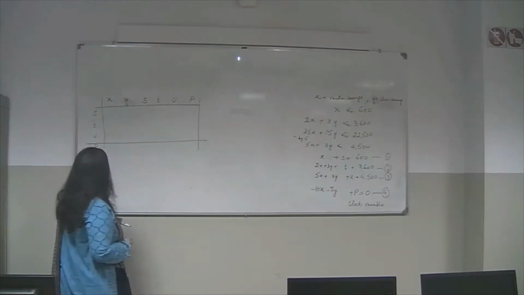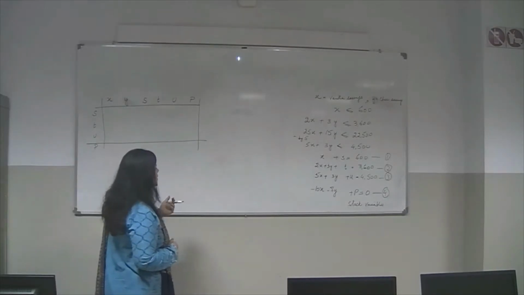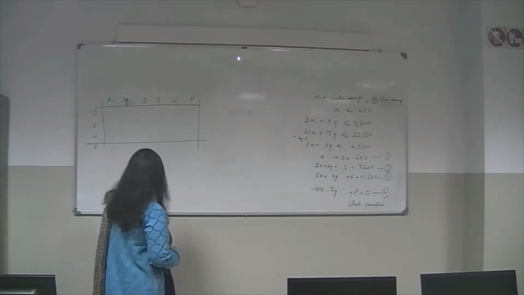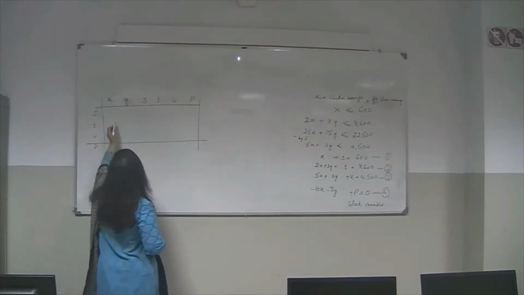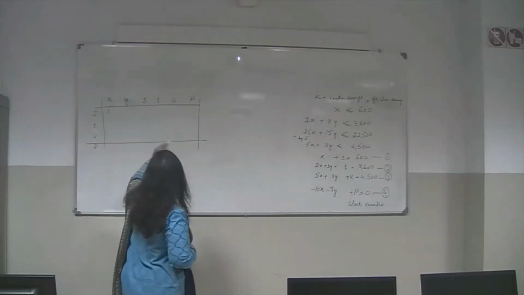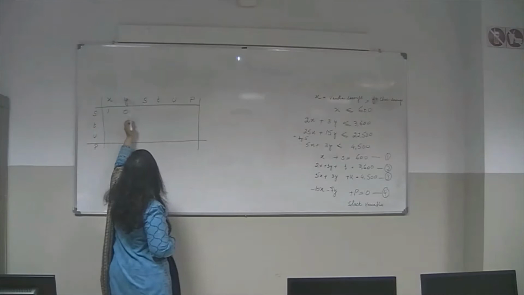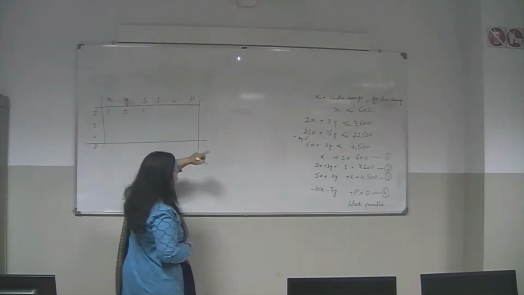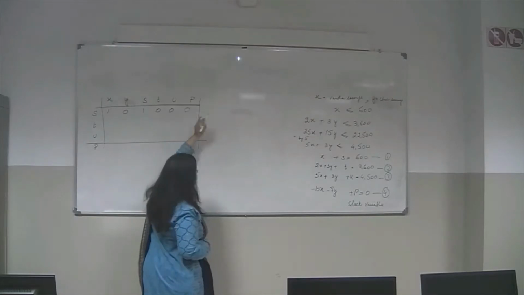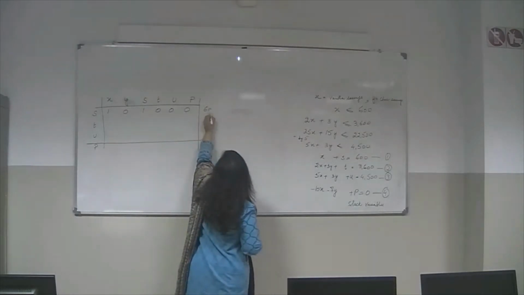Now let's assume that in the first equation, x plus s is equal to 600. So x is 1, and we can assume that this is 0, because there is no y here, but we have an s as 1, and we have 0, and this is equal to 600.